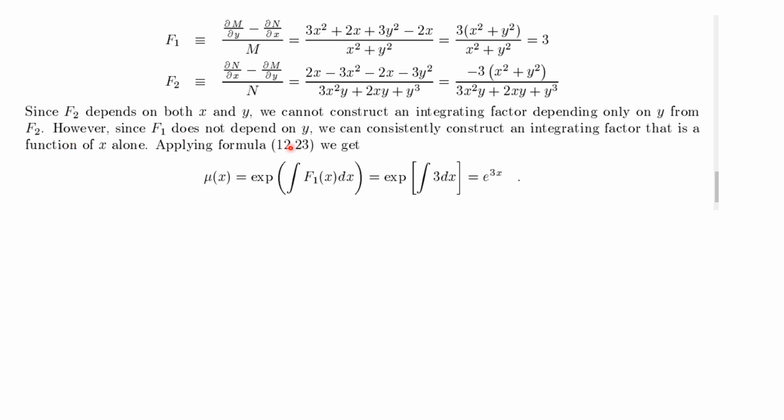However, since f1 does not depend on y, we can consistently construct an integrating factor that is a function of x alone. So we're going to say mu of x is equal to e raised to this integral, and when I integrate the 3, I get e to the 3x.